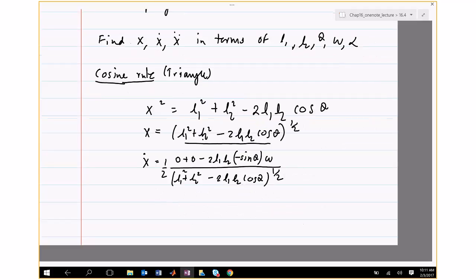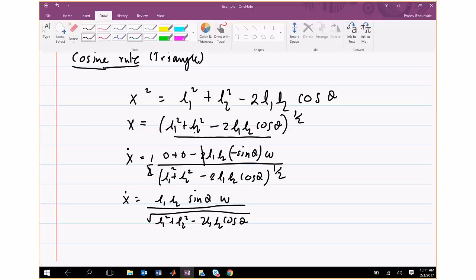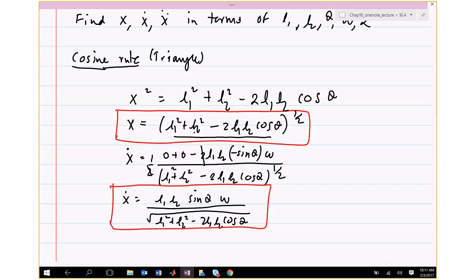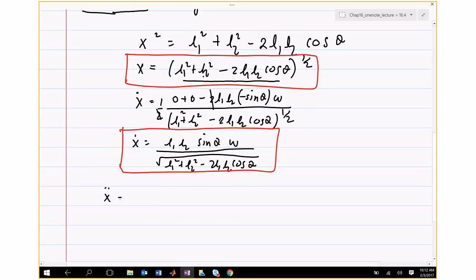So x dot is, I'll cancel this off, L1 L2 sine theta omega divided by the square root of the same expression. And then to find x double dot, I'll have to take the derivative of x dot, and I would like you to fill in the dots.